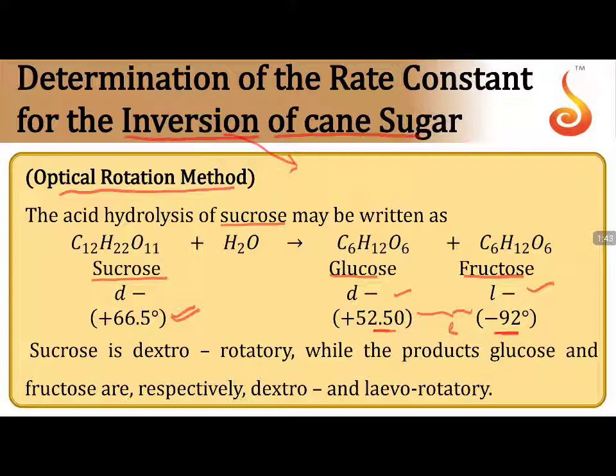And when it comes to infinity time, sucrose becomes zero, you'll have only glucose and fructose. The overall result will be a levorotatory product. So if you observe, sucrose C12H22O11 undergoing hydrolysis gives you C6H12O6 glucose and C6H12O6 fructose.